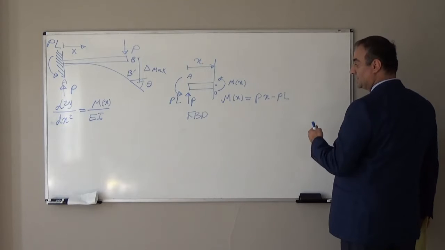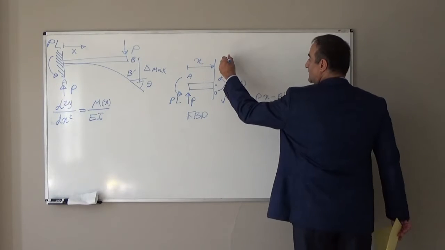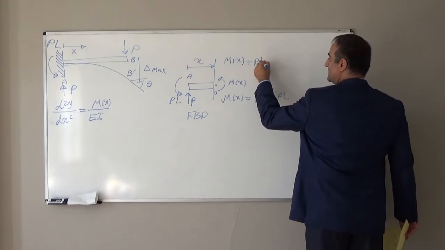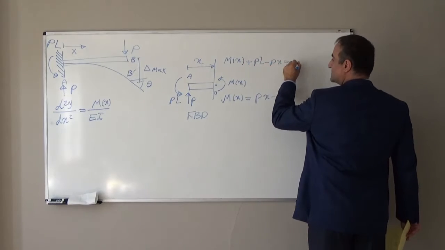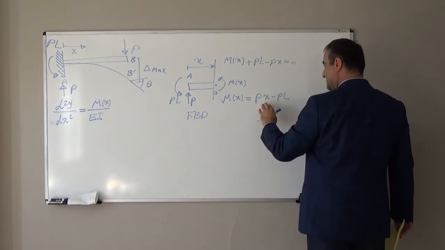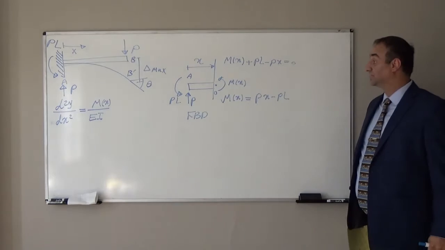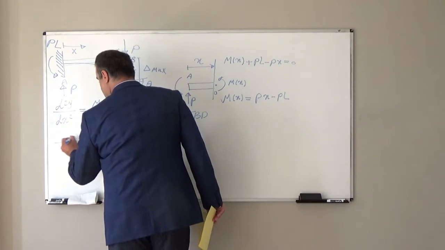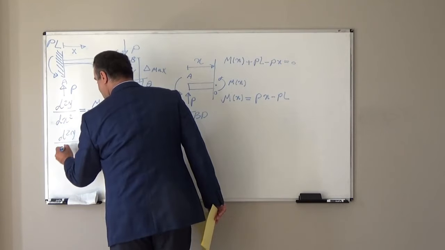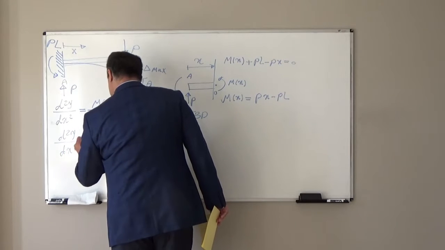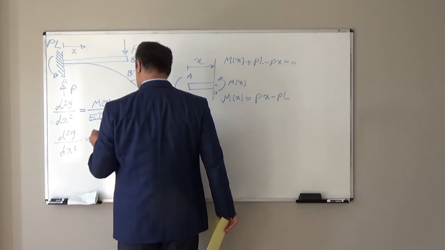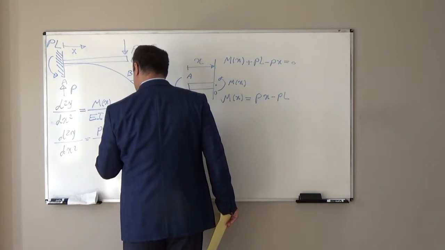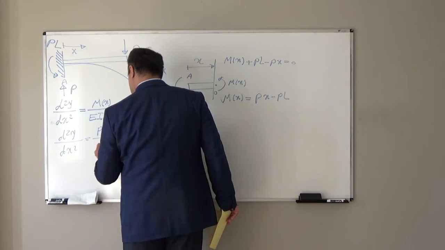If I take these to the other side, I end up with this equation. Now, if I substitute Mx here, because we know the second derivative of y with respect to x is equal to the internal moment Mx over EI, here it is Px minus PL over EI.